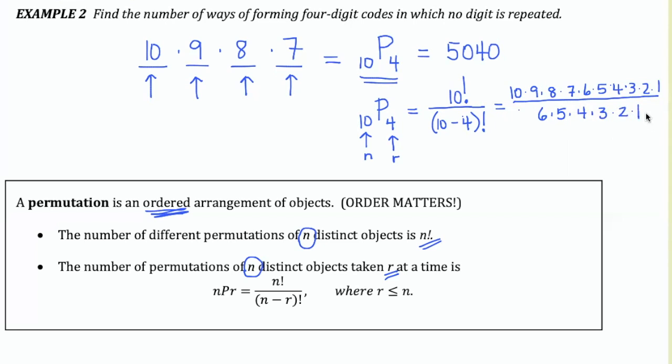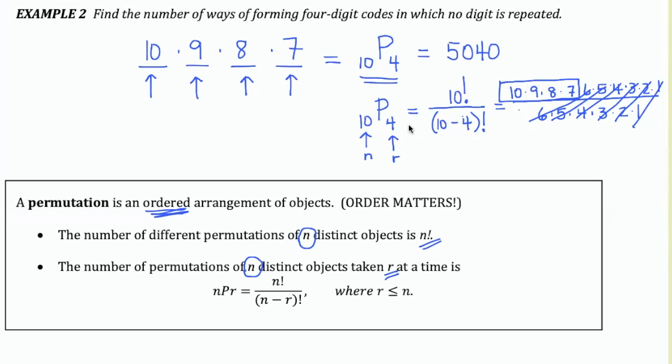And 6 factorial would start at 6 and go down to 1. And then what you'd be able to do here is take a little shortcut, cancel off the 1s, cancel off the 2s, because 2 over 2 is just a version of 1. 1 over 1 reduces to 1. 3 over 3 reduces to 1. And when we multiply by 1, that doesn't have an effect on the answer. And you can see what ends up happening is we get just the 4 factors that we originally laid out on our blanks.